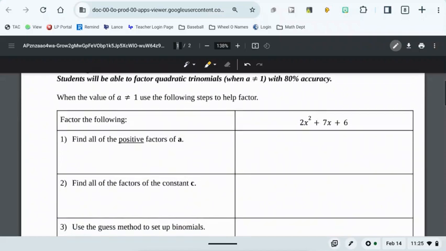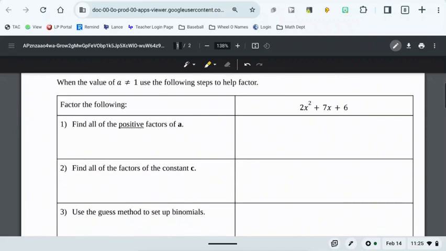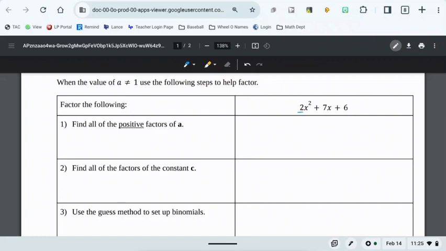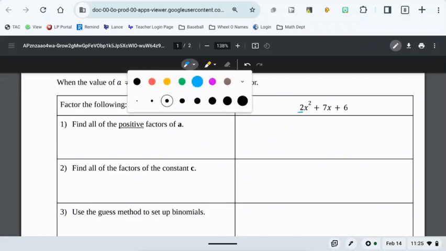Okay, so when the value of a does not equal 1, we use the following steps to help factor. In this first example, we can see that a, which I'm going to now use blue for color coding, is not 1, it's 2. We're used to it being 1 every single time, or finding a GCF and then it being 1.